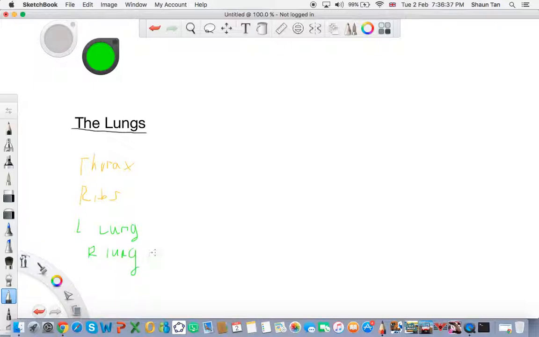The right lung is bigger than the left lung because it shares a space with the heart. So the right lung is bigger than the left.